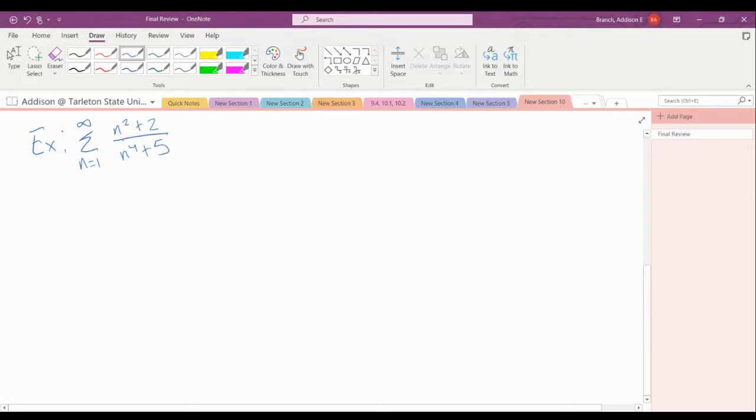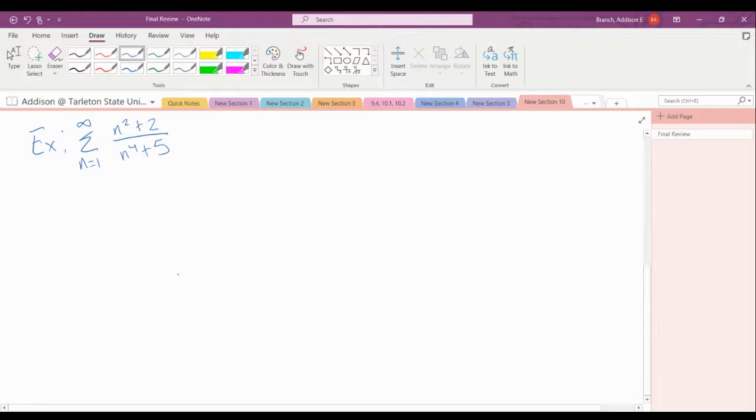So we have two options. We can either take something off the numerator or take something off the denominator. If you have to only pick one, I would try to play with the denominator, because you can always split this up into multiple pieces.